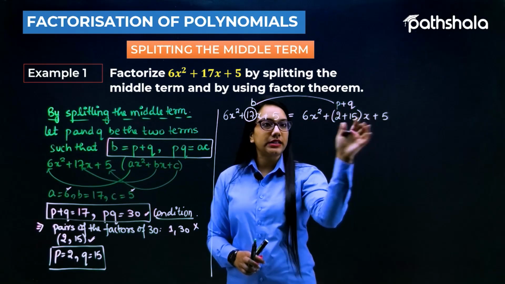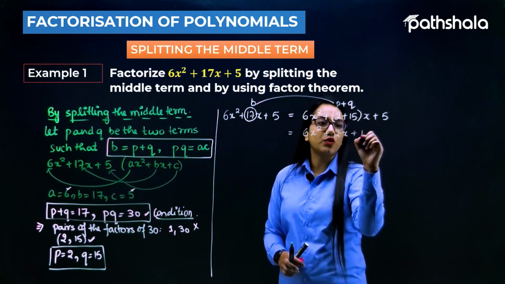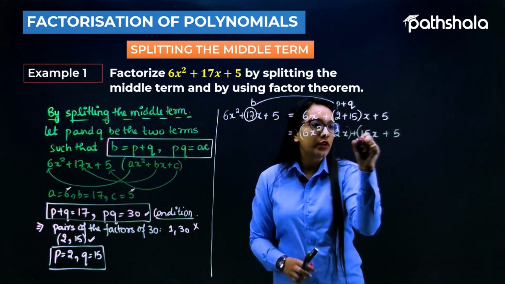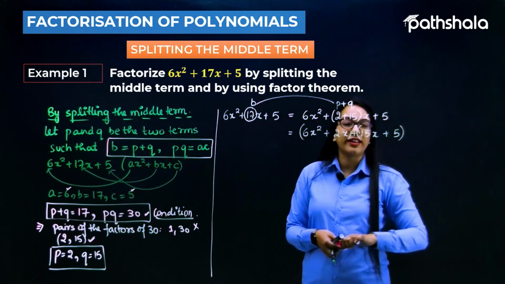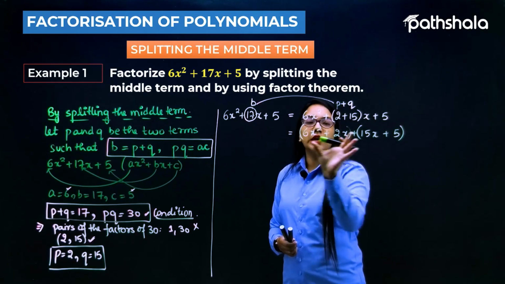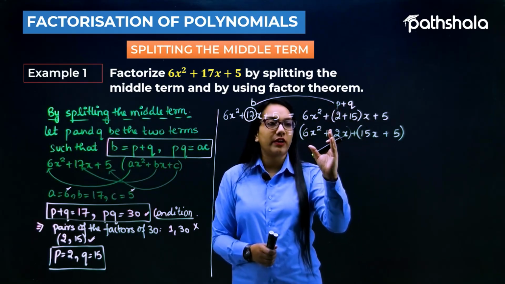Now let's expand this term. So this will be 6x square plus 2x plus 15x plus 5. Now take two terms together, and take a bracket as well. Now solve the brackets in an individual manner. So let me solve this particular bracket.